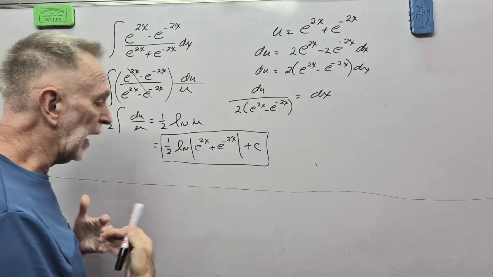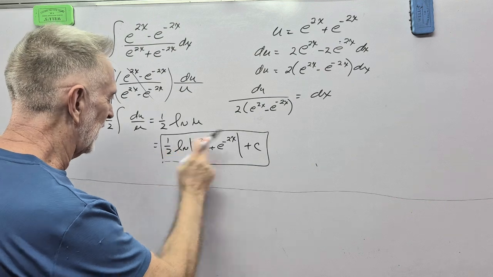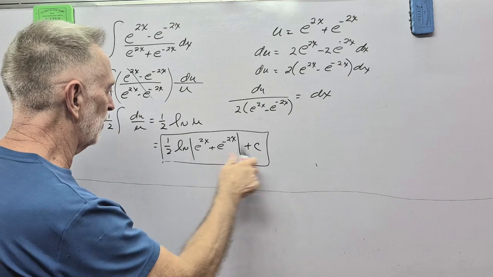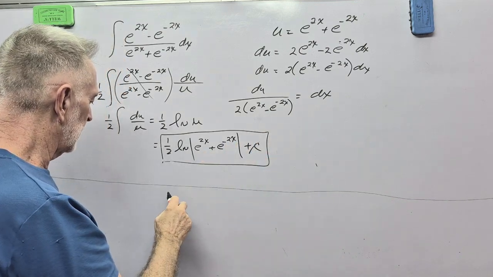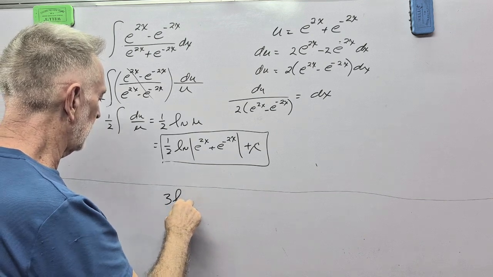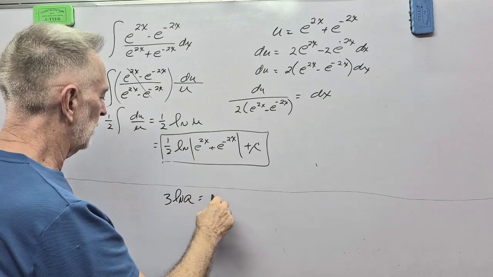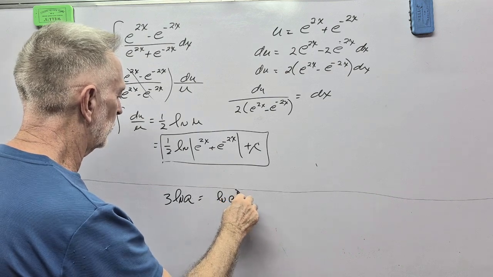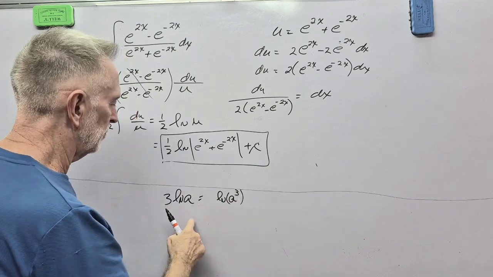I personally like to take that 1/2 and put it back where it makes sense to me. Now we know we're taking the derivative, the constant is 0, so we'll wipe it out. But if I have, for example, 3 natural log of a, I can rewrite that as the natural log of a to the 3rd power, which is where that 3 came from.